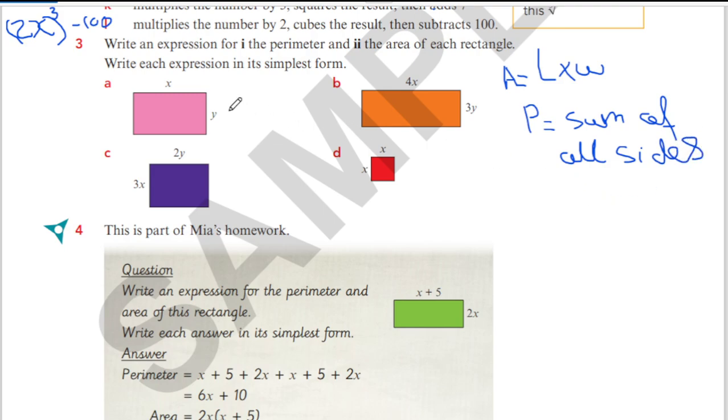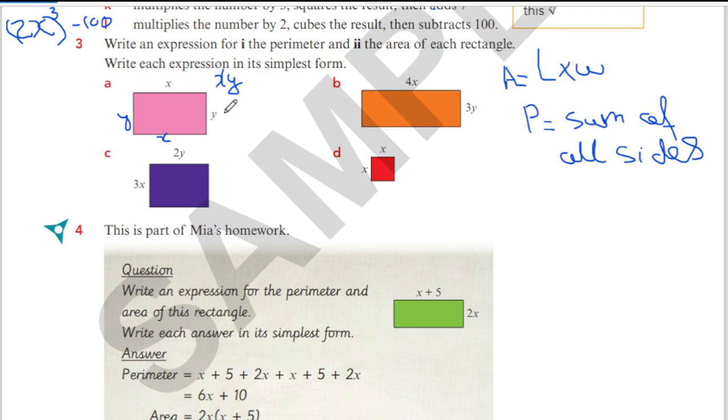Okay, so in question number A, if this is x, this will be x, and if this is y, this will be y. So the area of question A will be x into x, x into y, xy is the area, and the perimeter will be x plus x, 2x, and y plus y, 2y.